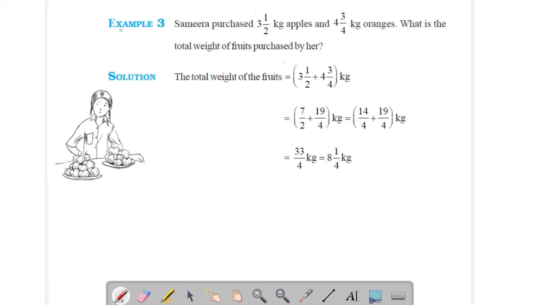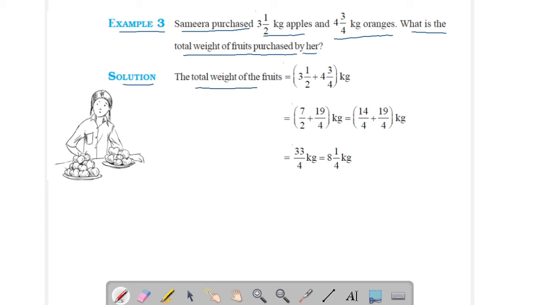Now come to example 3. Samira purchased 3 1 upon 2 kg apples and 4 3 upon 4 kg oranges. What is the total weight of the fruits purchased by her? See the solution.